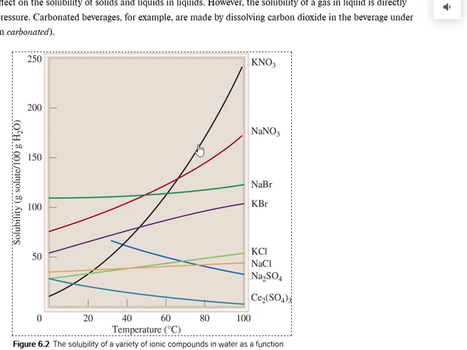But these lines represent what would be a saturated solution for different kinds of solutes. Some of them, like sodium sulfate and cesium sulfate, actually go down in solubility as temperature is increased, while there are others which barely rise. Sodium chloride solubility does not go up with temperature as much as potassium nitrate or sodium nitrate does.